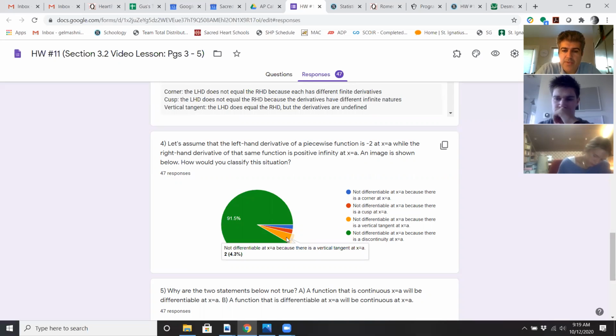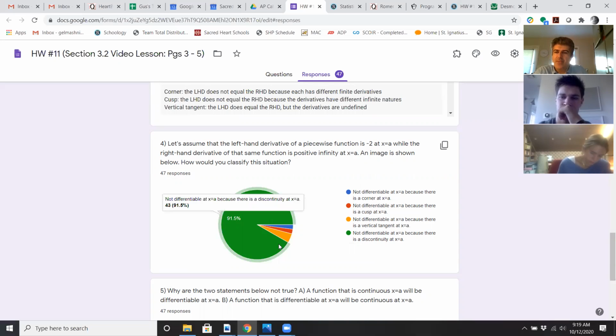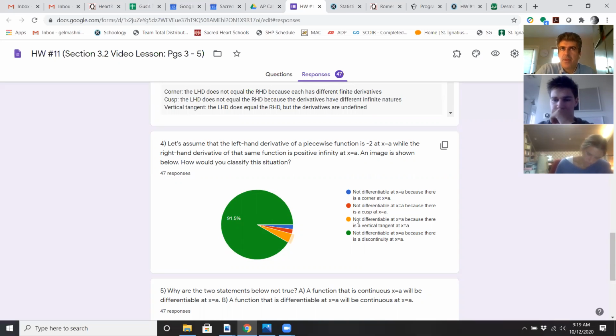There's a couple that said orange. Yeah, vertical tangent. I mean, yes, when you have a vertical asymptote, the slope of the tangent line on one side is definitely going to be approaching positive or negative infinity. Definitely not a cusp, and definitely not a corner, because it's not continuous.